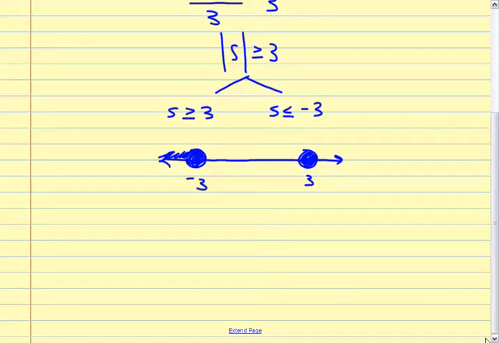And S is greater than or equal to positive 3, that way. Because the absolute value is greater than 3, I have to move away from 3 and negative 3, not between them. These are all the numbers that have an absolute value bigger than 3. These are all the numbers that are more than 3 from 0.